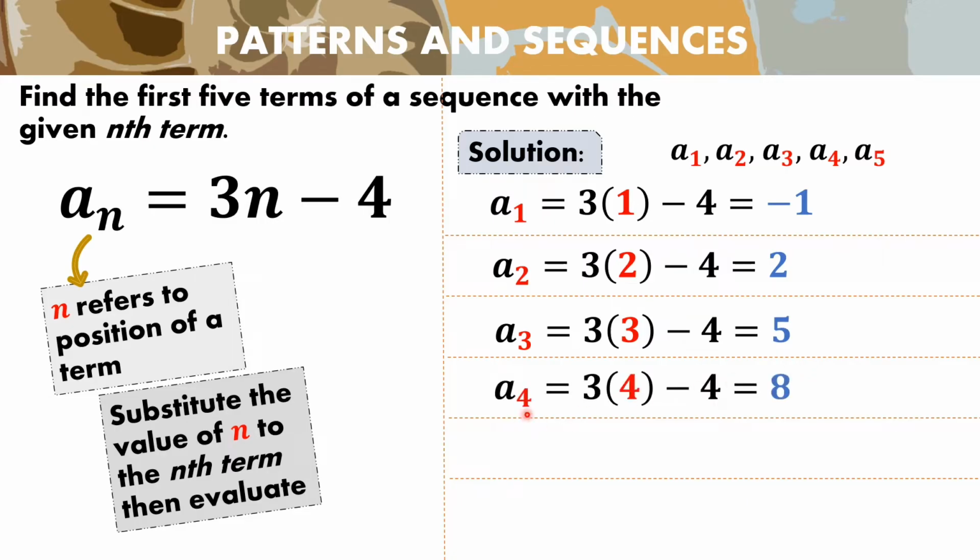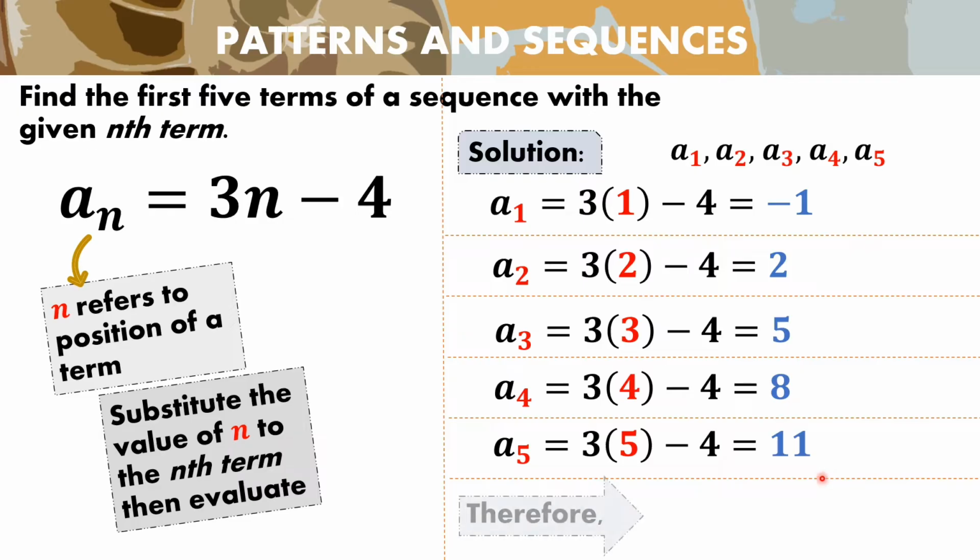Fourth term, or a sub 4, that is equal to 3 times 4 minus 4 is 8. And a sub 5 equals 3 times 5, since it's the fifth term, minus 4 equals 11. Therefore, the first 5 terms are negative 1, 2, 5, 8, 11. Next example.